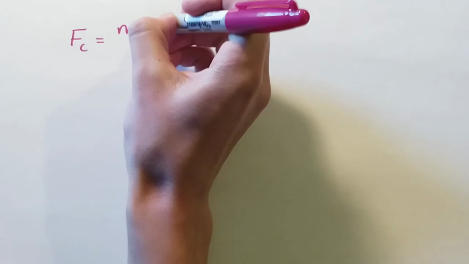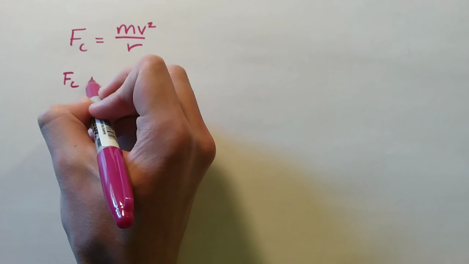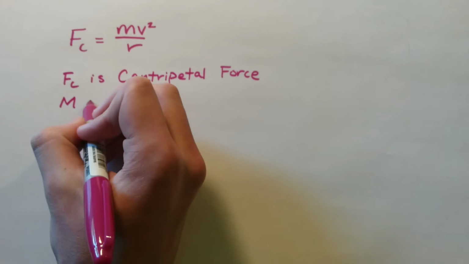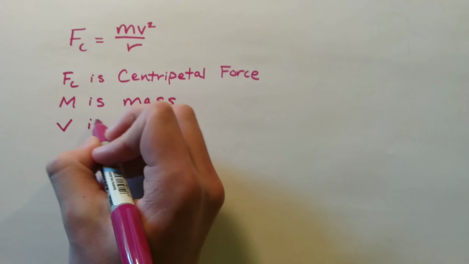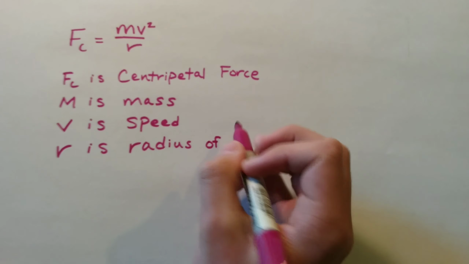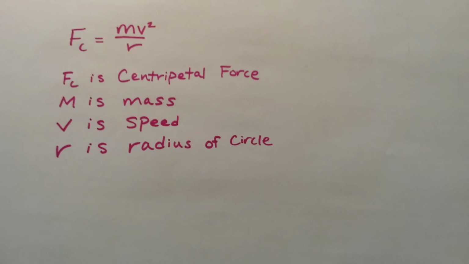We can actually find the centripetal force that an object has using this equation. F sub c equals mv squared over r, where Fc is the centripetal force, m is the mass of the object, v is the speed of the object, not the velocity, and r is the radius of the circle that it is traveling in.